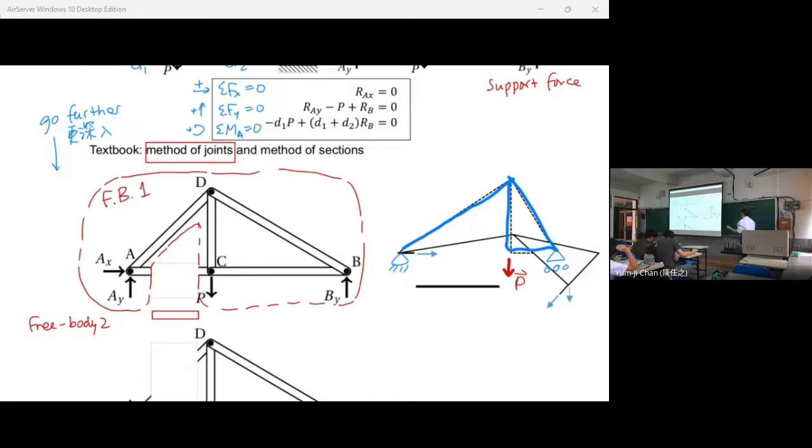To keep the original shape, we add the force here and we add a force here to put it back to the original shape. If we have P, it will go down to here.